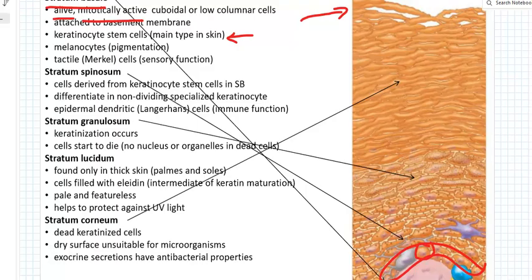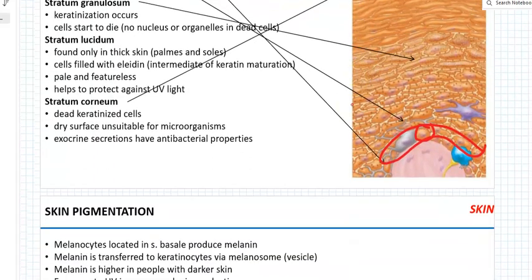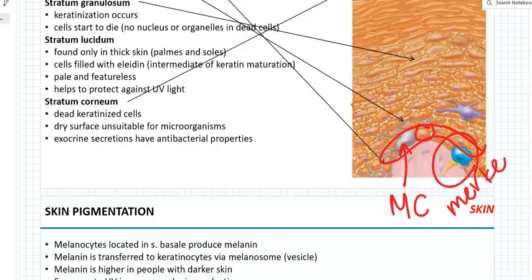In addition to those keratinocytes, you also have melanocytes. Okay, so that's skin color, and Merkel cells. So Merkel cells are responsible for sensation of touch, very fine touch. Okay, so good? So far so good? Okay.